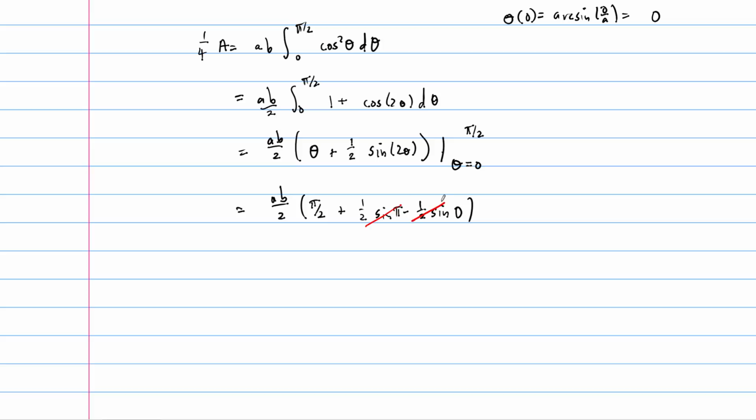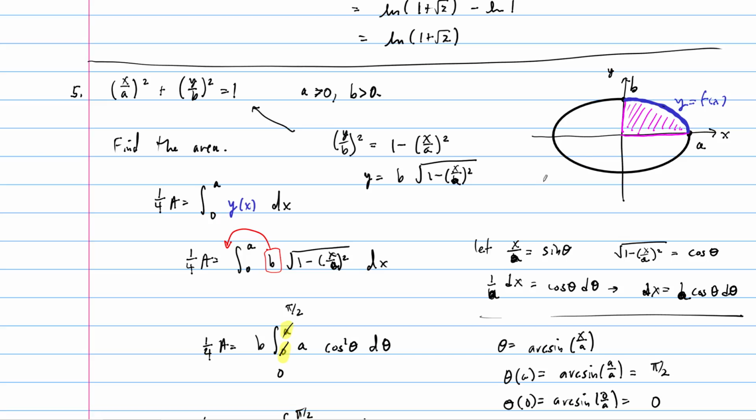All right, so those are both gone. And then we end up with 1/4 of the area of this ellipse is equal to pi times a times b over 4. So that means that the area of the ellipse is pi times a times b.